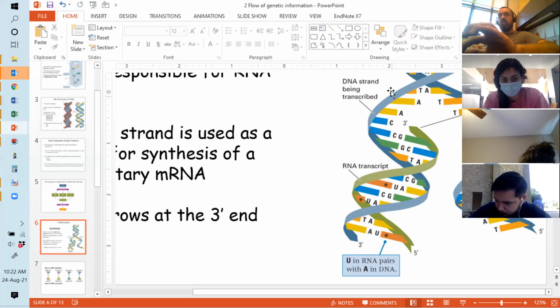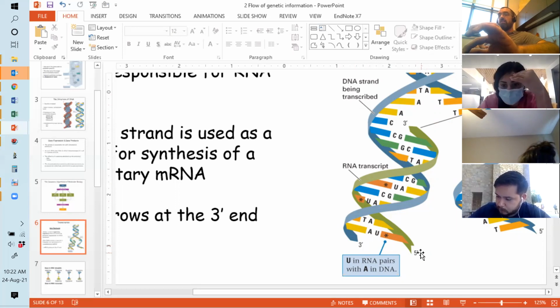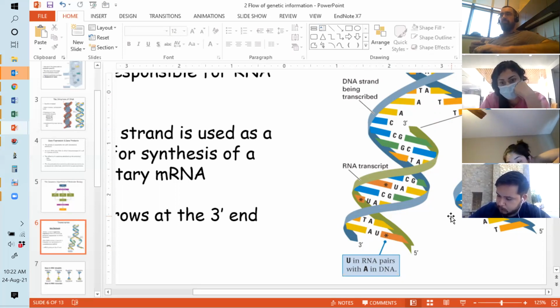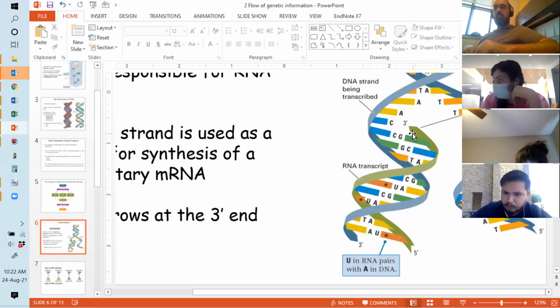So you can see here's the DNA strand in kind of grayish blue, 3' down here, and the RNA transcript is 5' to 3'. It's anti-parallel, and it's got the little arrow at the end because that's the direction in which it's being made.